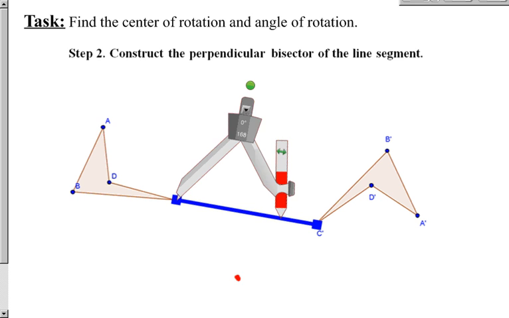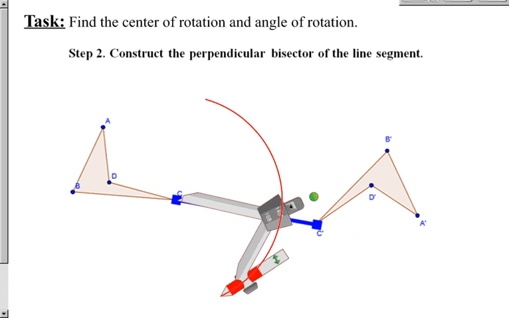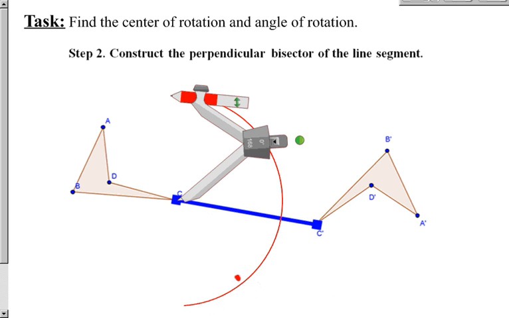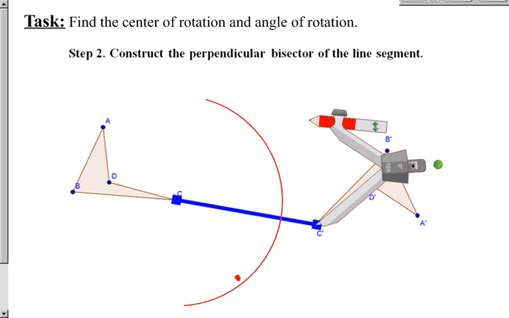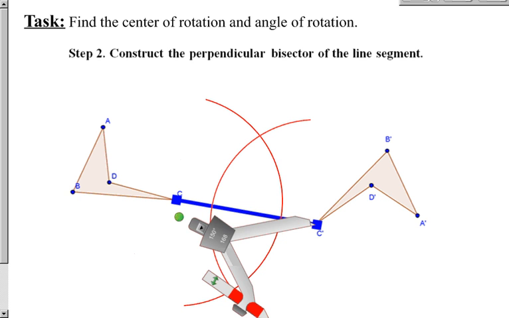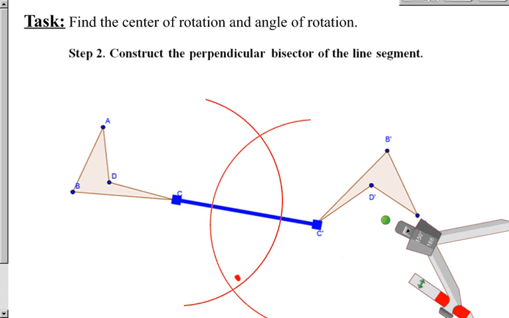So let's draw a semicircle, and without changing the length of the compass, I'm simply going to drag it again to C prime and draw the semicircle again, which will produce two intersecting arcs, and using those two points, we are going to construct a line that will cut the blue line in half perpendicularly. Right? So that's one.